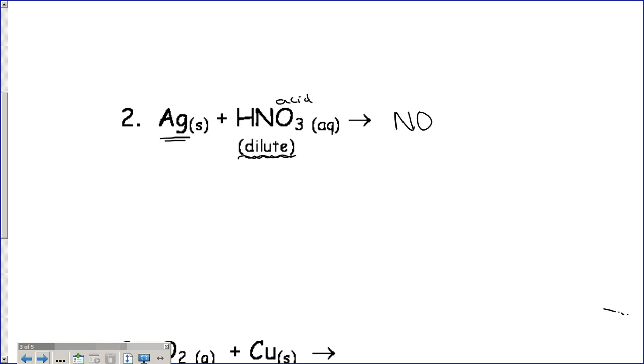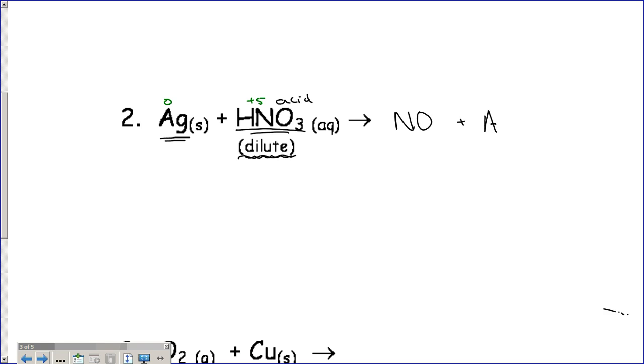So the nitric acid here is reducing. It's actually the nitrogen that's the species taking those electrons. So we have an oxidation state of +5. Silver is 0. Silver is not a very good thing to oxidize, but it will, and it will oxidize to its positive state.